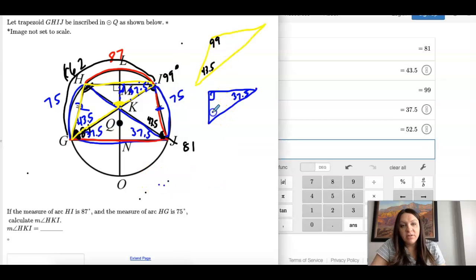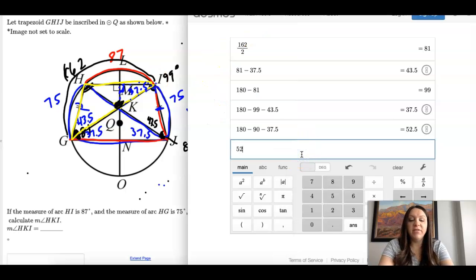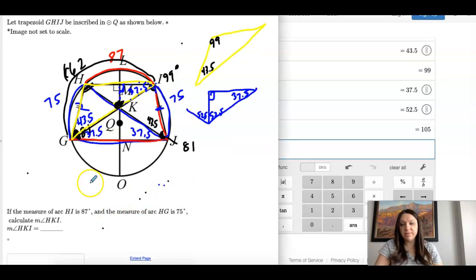So this angle's 52.5. So that means over here would be 52.5 because that's cut in half. So in order to find the full angle here, I'm going to take 52.5 plus 52.5, which is 105.